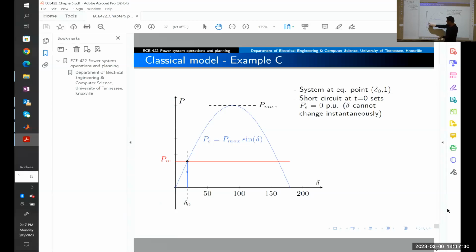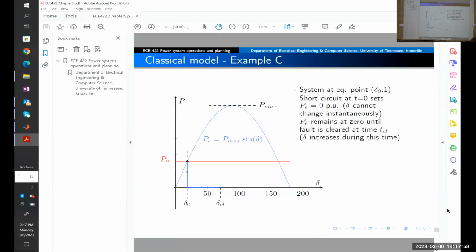That's a state variable, but the electrical power changes immediately. Pm is the accelerating power in the machine. The machine will start speeding up. The speed and angle will start increasing. So if that remains in the system, the angle in the machine will keep increasing. So we will move with a 0 power output from the generator. We will move to the right.